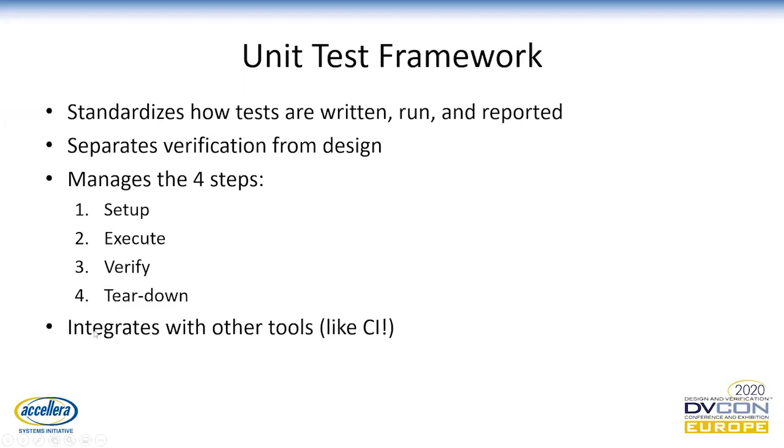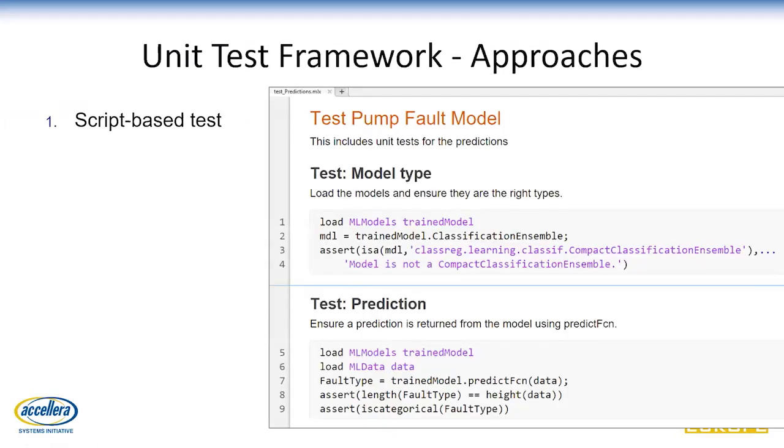It also integrates with other tools like continuous integration tools, which is particularly important if we want to be more agile, as it was described in this afternoon's keynote from Vicky Mitchell from ARM. So going back to the unit test framework, this supports different approaches, and the simplest and easiest one is script-based.